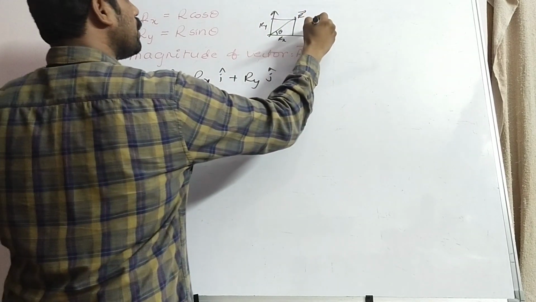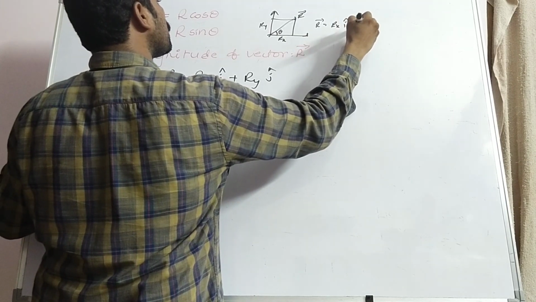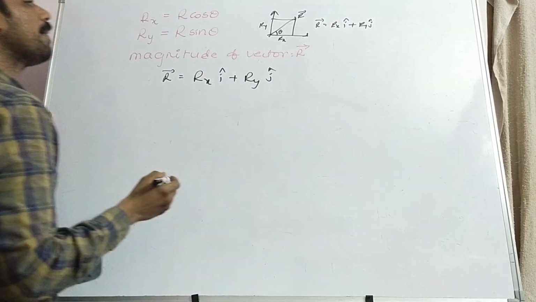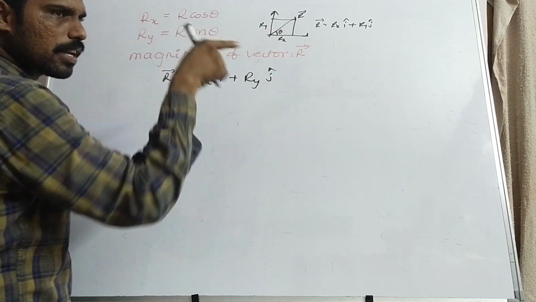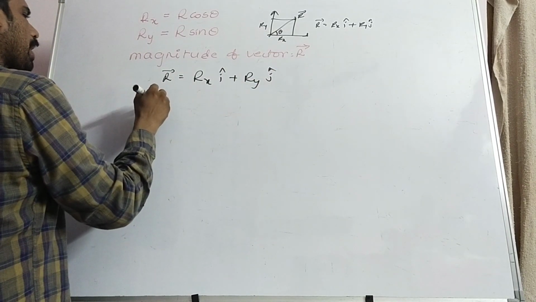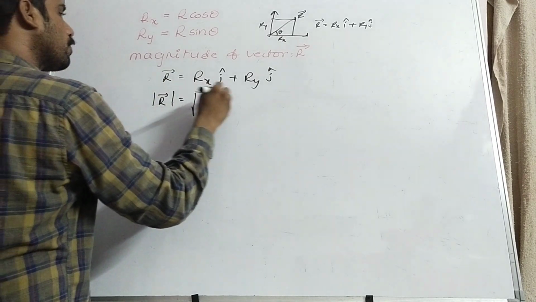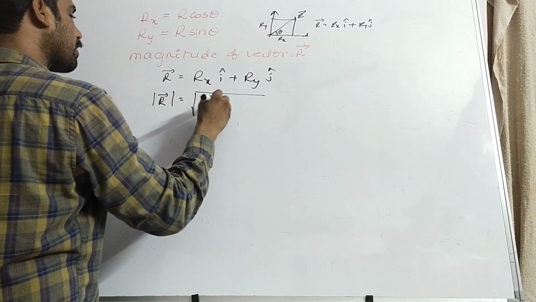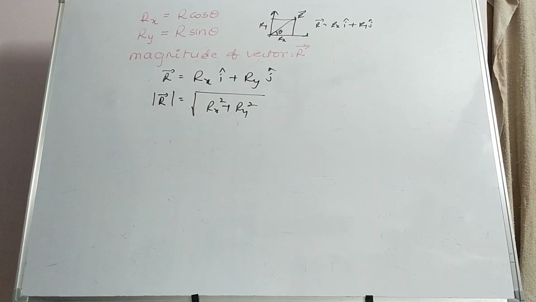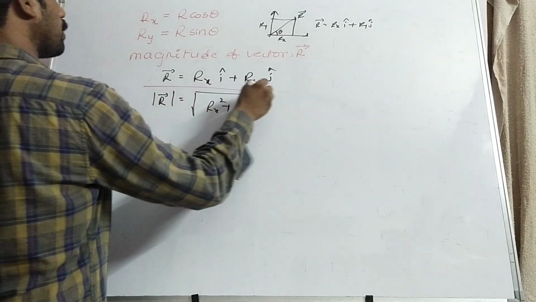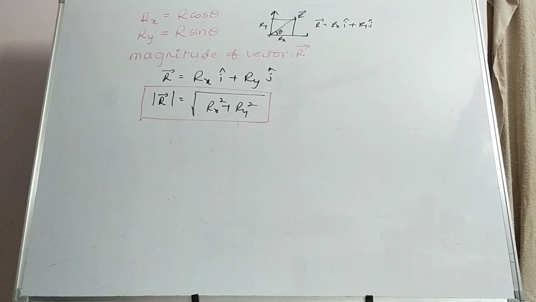From this we can write the vector expression rx i plus ry j cap. What about the magnitude of vector r bar? As discussed in the previous class, the magnitude is modulus of r bar is equal to root of rx square plus ry square.